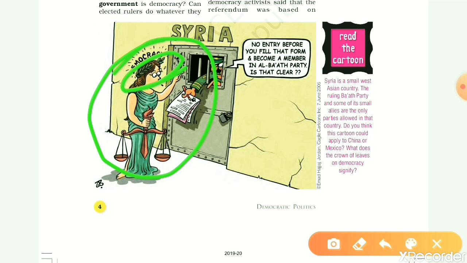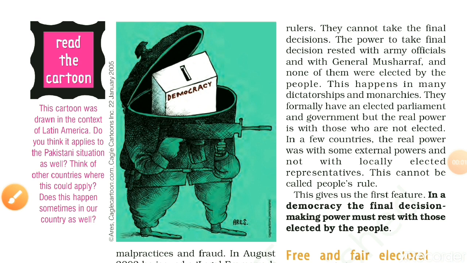This implies that the democratic country has won against some countries and is demanding justice, but not against all the nations. Okay, again, there is a cartoon, read that and understand its meaning and relations. And I will definitely make a video on democratic cartoons. And this cartoon was drawn in the context of Latin America. I think it applies very well to the Pakistani situation.